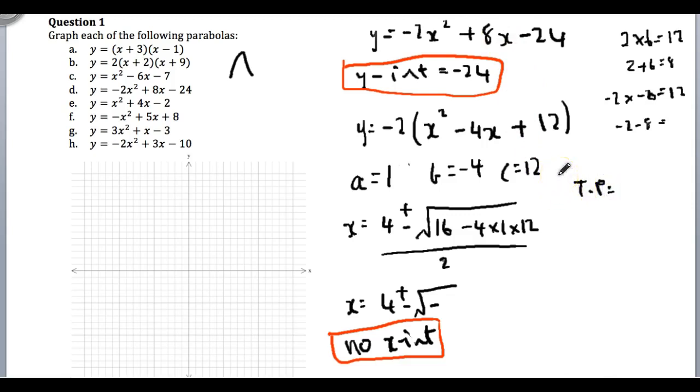Okay, so turning point, I'm just going to use this equation. So we have -b, which is 8, over 2 times a, which is -4. So your turning point is going to be at 2. And then when we substitute 2 into here, -2 times 2 squared.